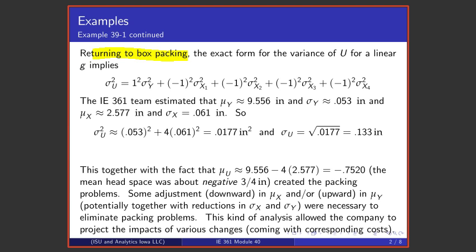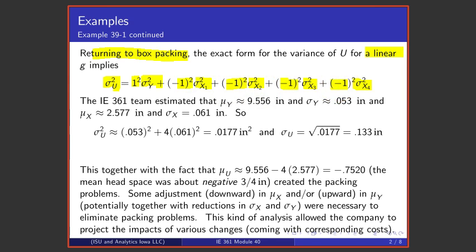If one takes the form for the variance of a linear combination of the x's and the y, the variance for the headspace is the variance for y plus the variance for x1 plus the variance for x2 plus the variance for x3 plus the variance for x4, because the coefficients in that linear combination are all 1s and minus 1s, and by the time they get squared, the sign doesn't matter.